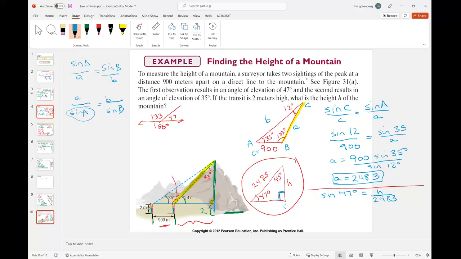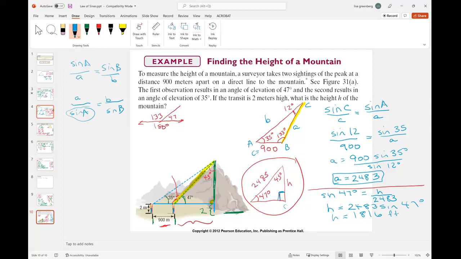So now this is pretty easy. I know that H is going to equal 2483 times the sine of 47 degrees. And again, that is just a calculator problem. So 47 degrees, sine, times 2483 equals, so I get the height is equal to 1,816 feet.